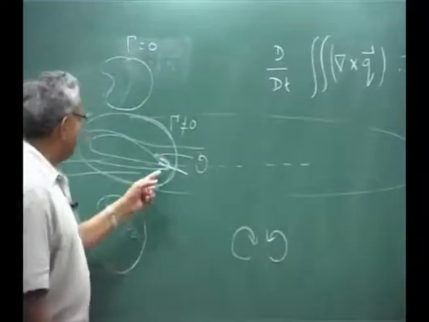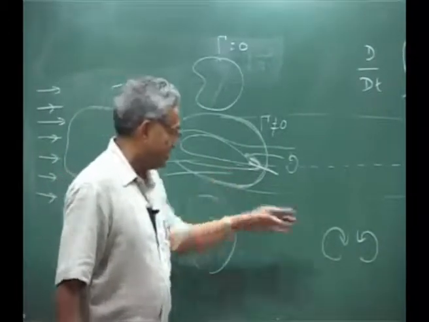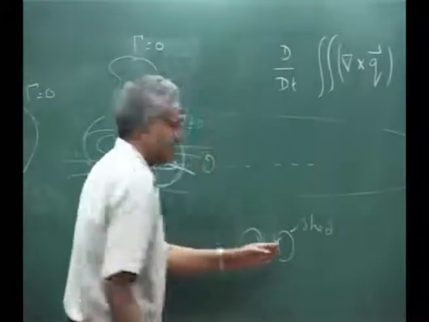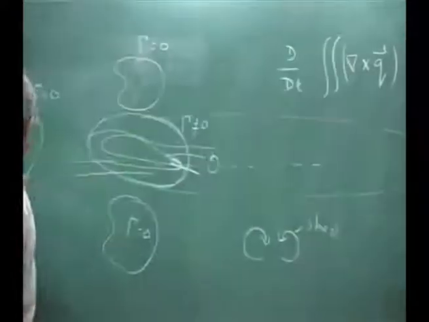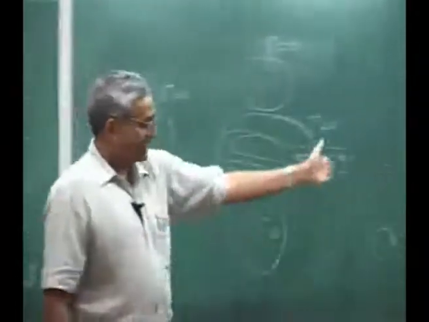So this will be around the aerofoil. This is shed. The shed vortex will simply go away, because it will be taken by the speed of flow.